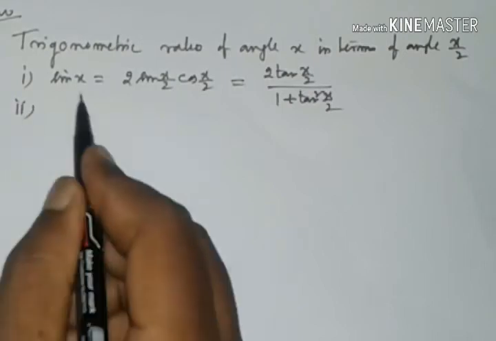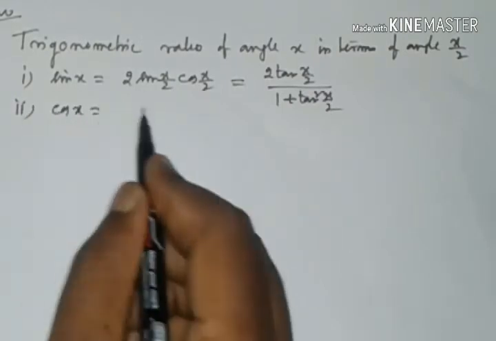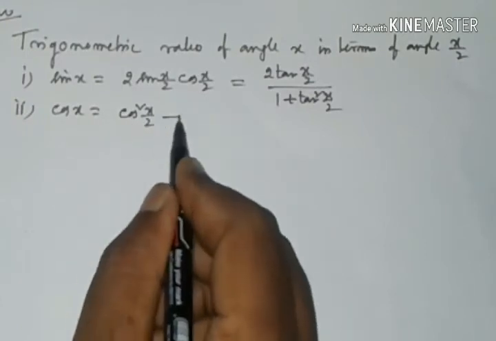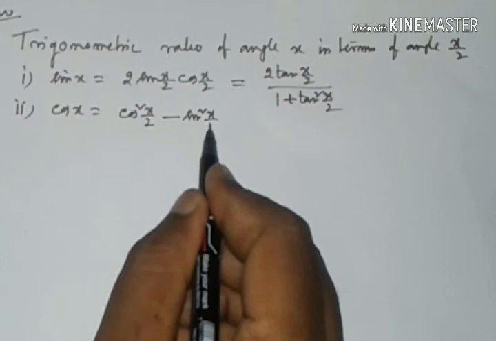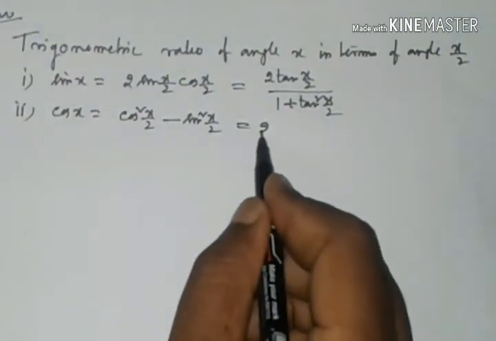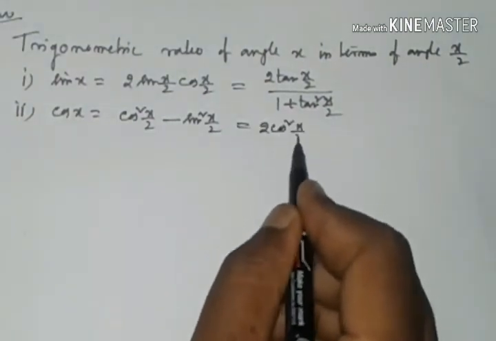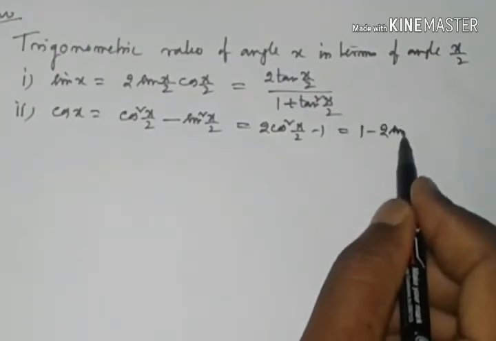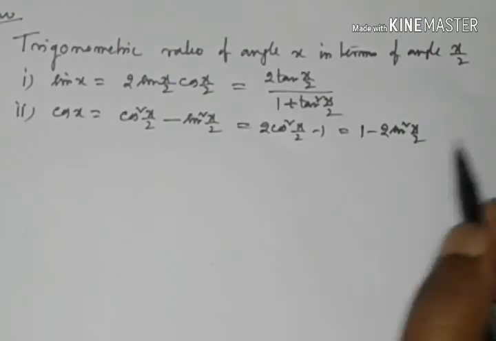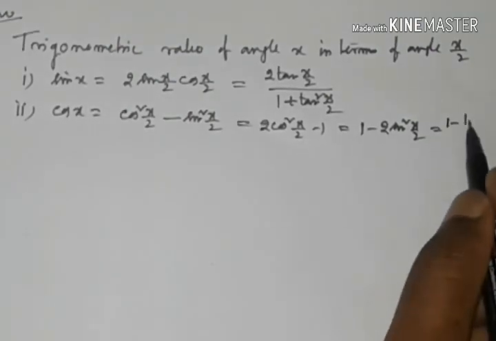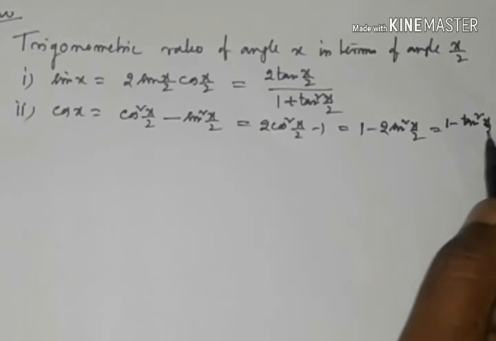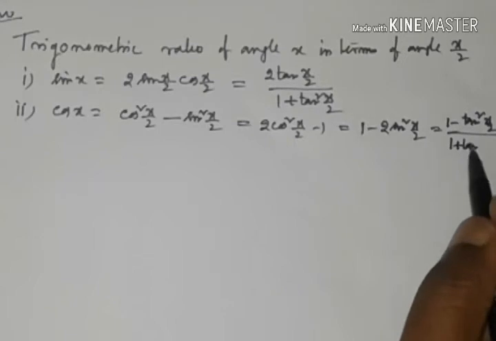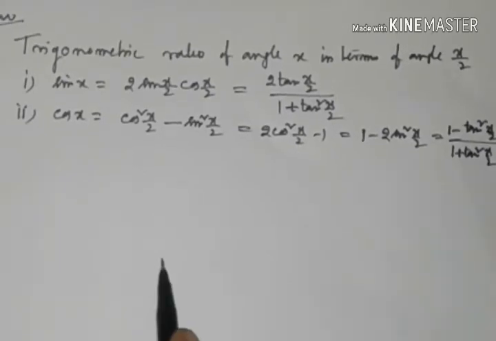Second, cos x is equal to cos square x by 2 minus sin square x by 2, or we can write it as 2 cos square x by 2 minus 1, or 1 minus 2 sin square x by 2, or (1 minus tan square x by 2) by (1 plus tan square x by 2).